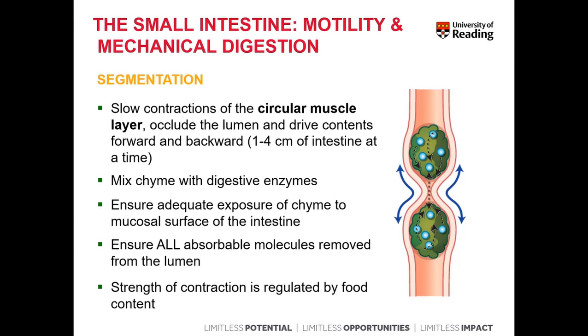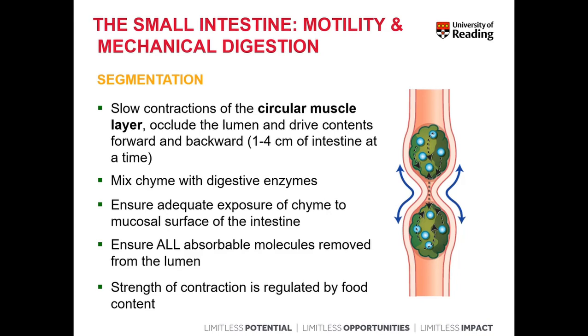And this is not mostly, it's completely caused by the contraction of the circular smooth muscles of the small intestine. When the circular muscles contract, the lumen diameter decreases, leading to the separation of the content of the small intestine, the mix of chyme and digestive enzymes known as chylus, into separate parts.